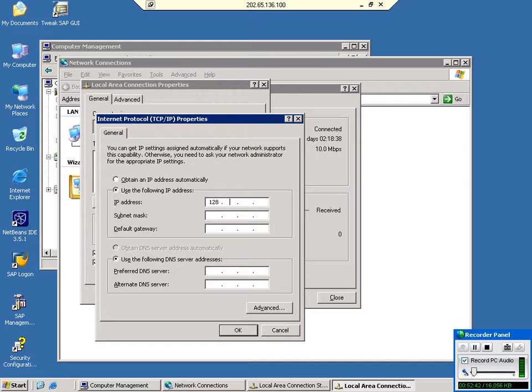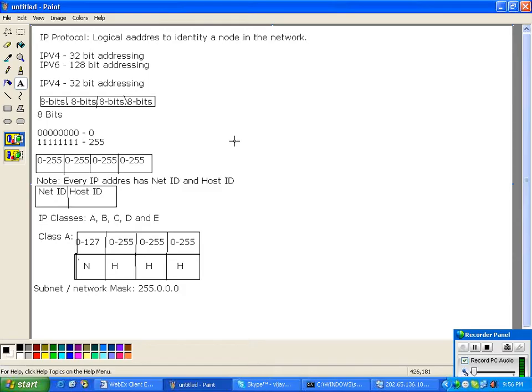So if I am taking 128.0.2.1, you can see 128 means out of class A. 127 is the class A, till class A. 128 is the class B. So you can see subnet mask has been changed because 128 onwards the network is class B.